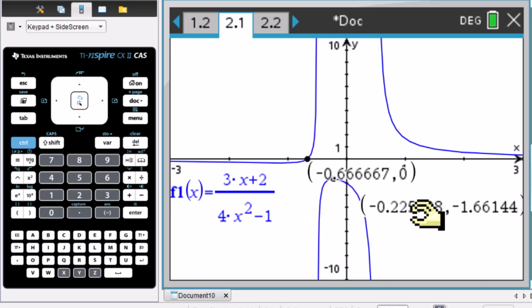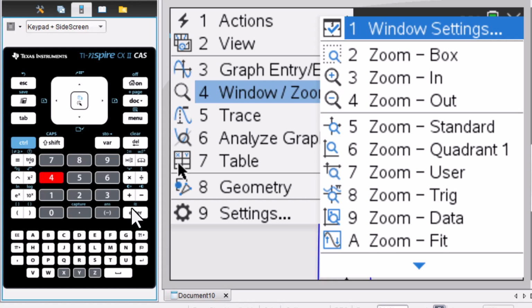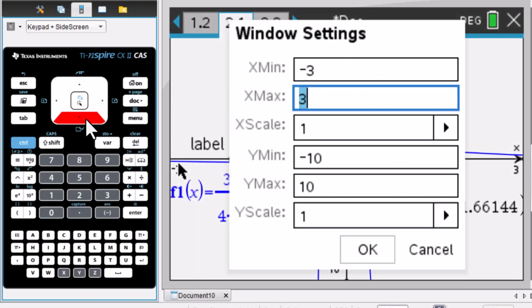This is our maximum value. Let's check what's going on over here. So you need to change the window. We will change the y minimum into -2, maximum into 2.